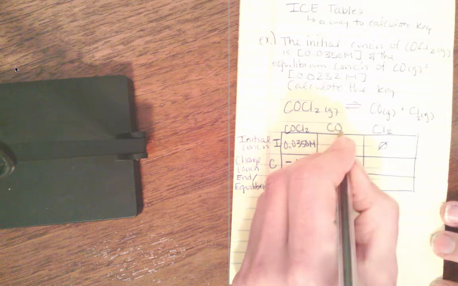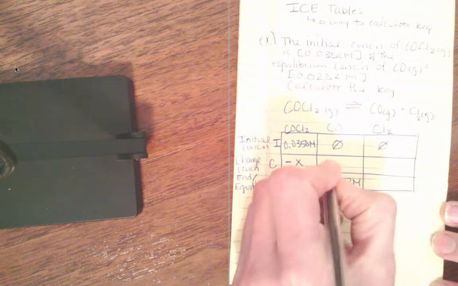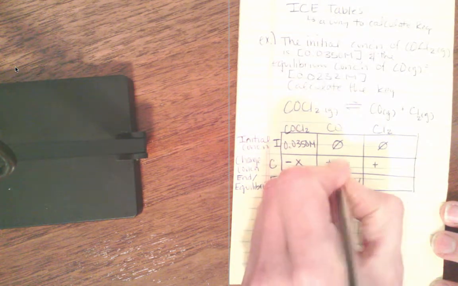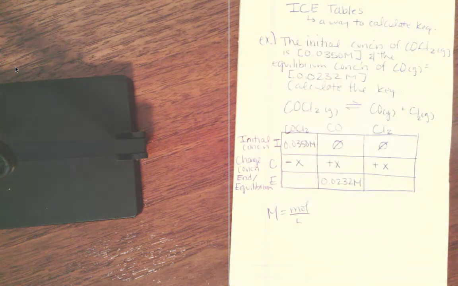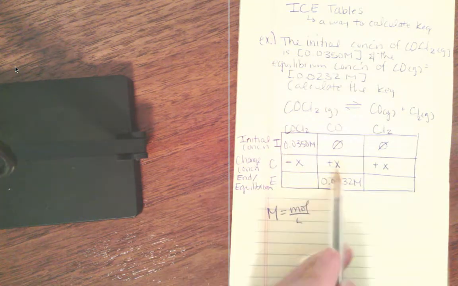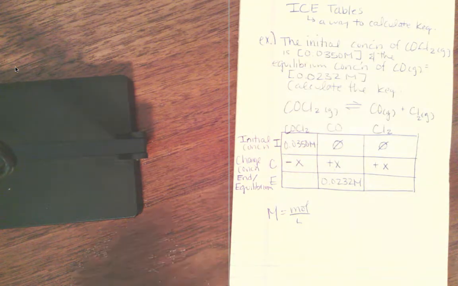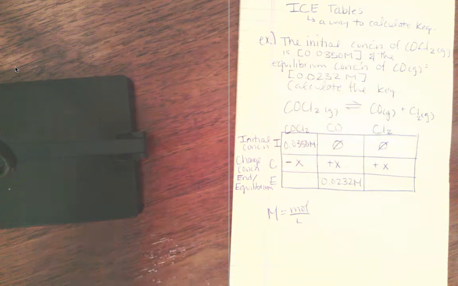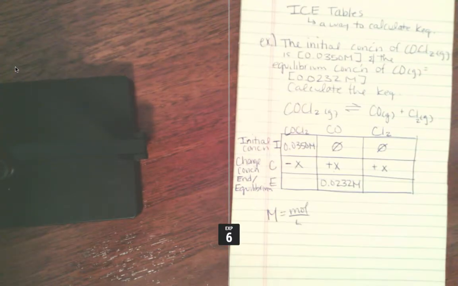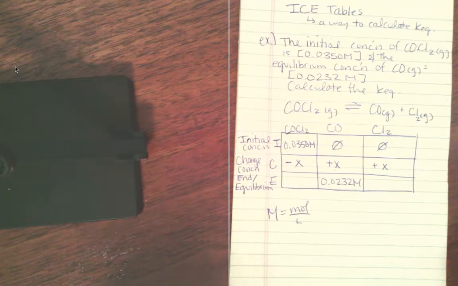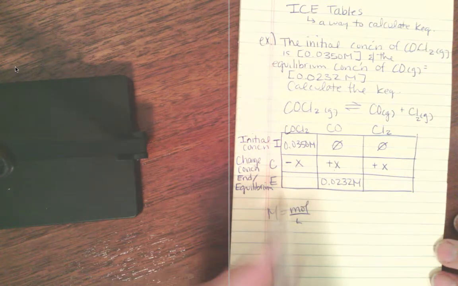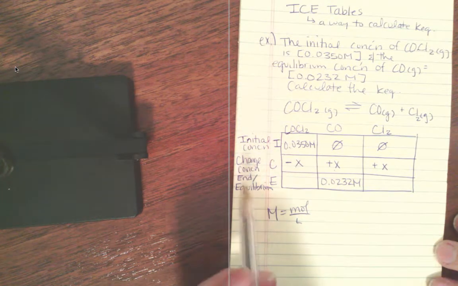My products are CO and Cl2, which means over time I'm going to add on product. So my change is minus X, plus X, plus X. There we go, that's better. Okay, so now this chart is almost completely filled out.